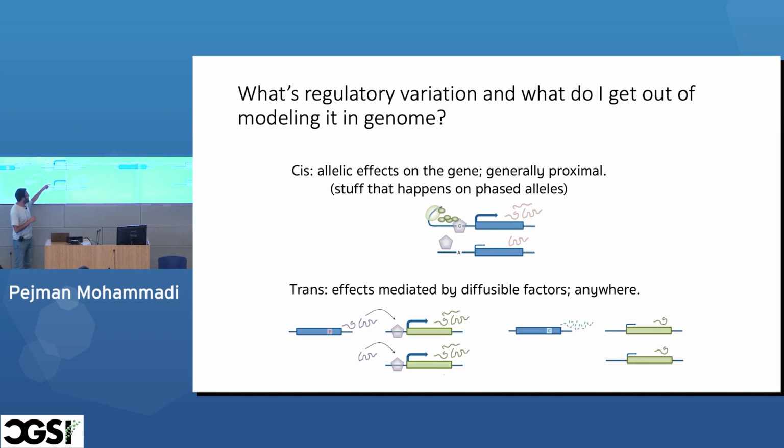But this is not having an allelic effect, so the effect is shared between both alleles. I kind of feel like I should have attached this to my chin instead of this. But at any rate, in practice, cis and trans are usually used the same way as proximal and distal.